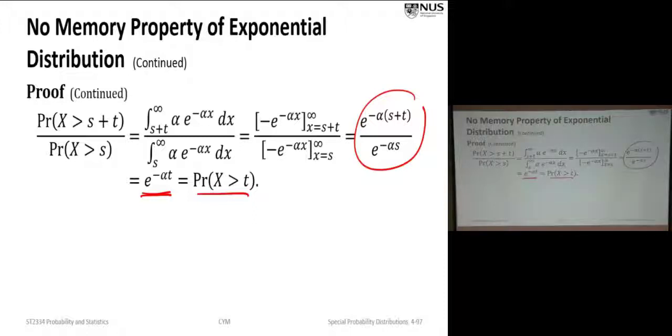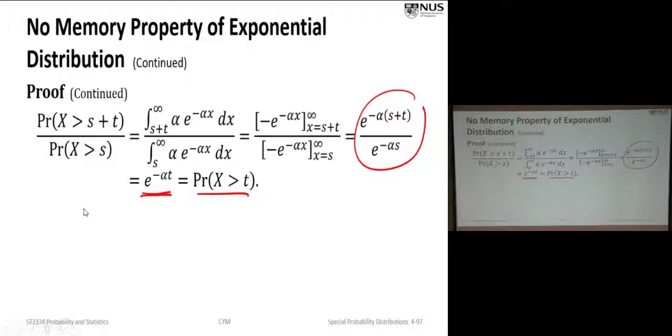So this memorized property is saying that, forget about you have been waiting for 5 minutes. It's the same as I just arrived, wait for another 4 minutes. It's the same chance. So that's the memorized property. Forget about the past. You don't need the knowledge of the past.